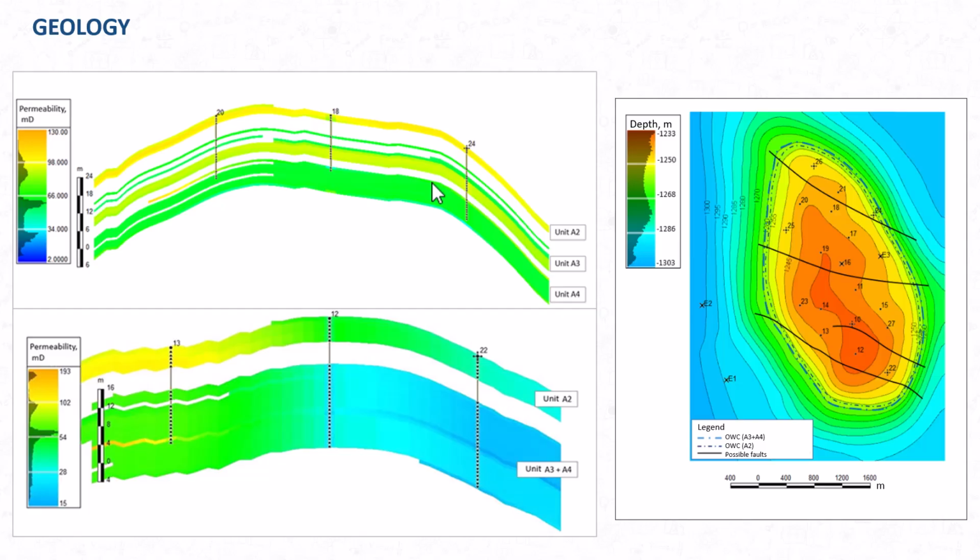Okay, next is the cross-section on permeability, and I think that the interesting thing here is in the northern part of the reservoir, across, let's see, 20, 18, 24, right here, in the unit A3, the bottom part has a very high permeability.